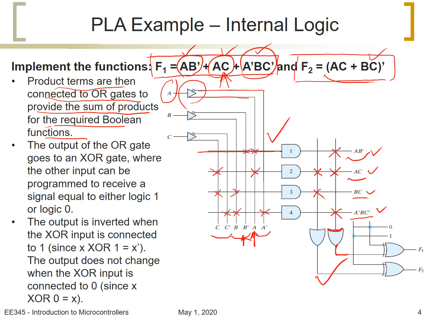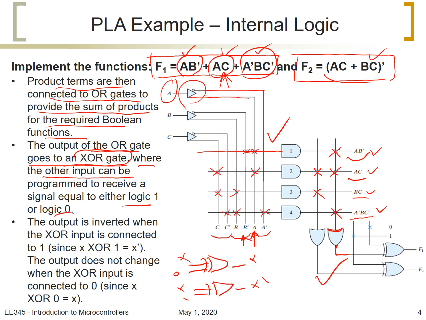Now the final stage is using an exclusive OR array also. The output of the OR gate goes to an exclusive OR gate where the other input can be either 0 or 1. We know from before that exclusive OR of x and 0 gives x, and if we exclusive OR x and 1, we get x prime.